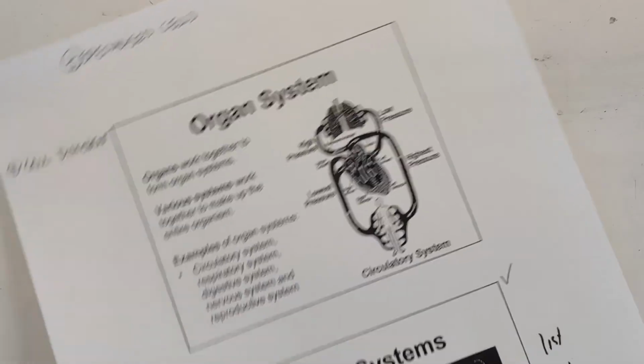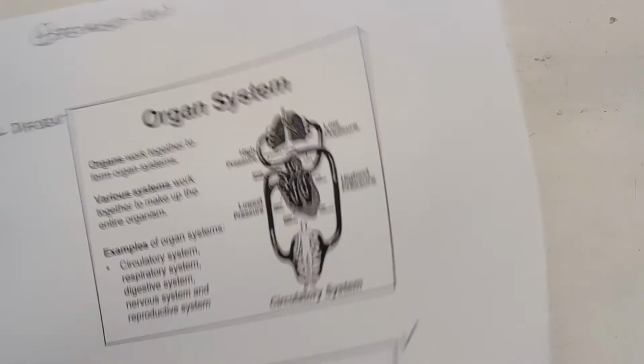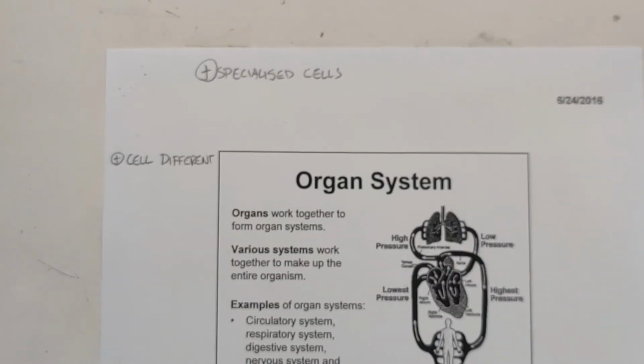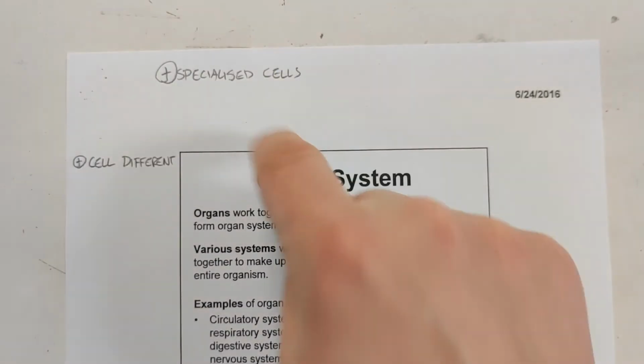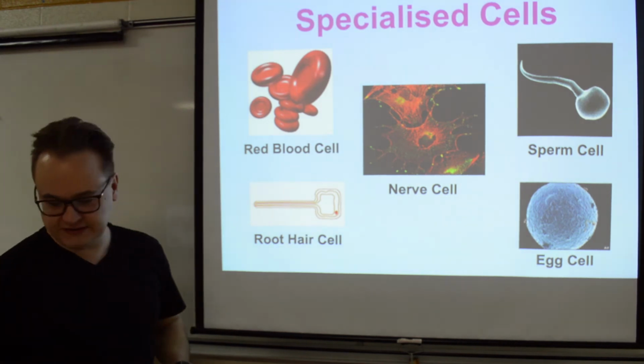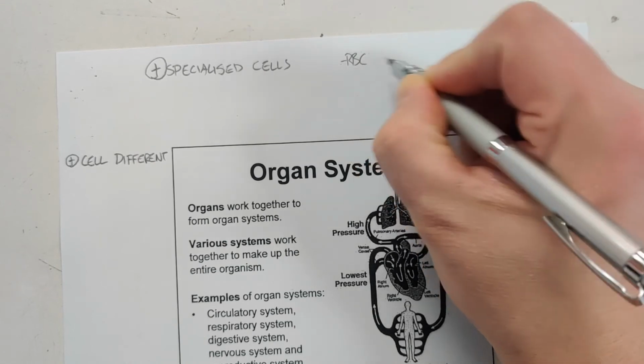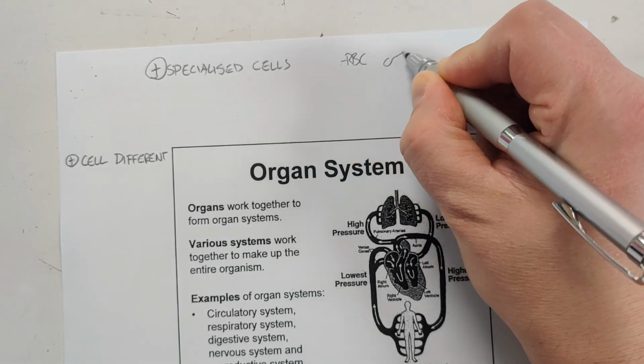So now you have this paper. It's your last page, and I need you to add some notes right here. You're going to write specialized cells, and you're just going to write the types. If you want, you could say a red blood cell and draw that it's disc shaped.